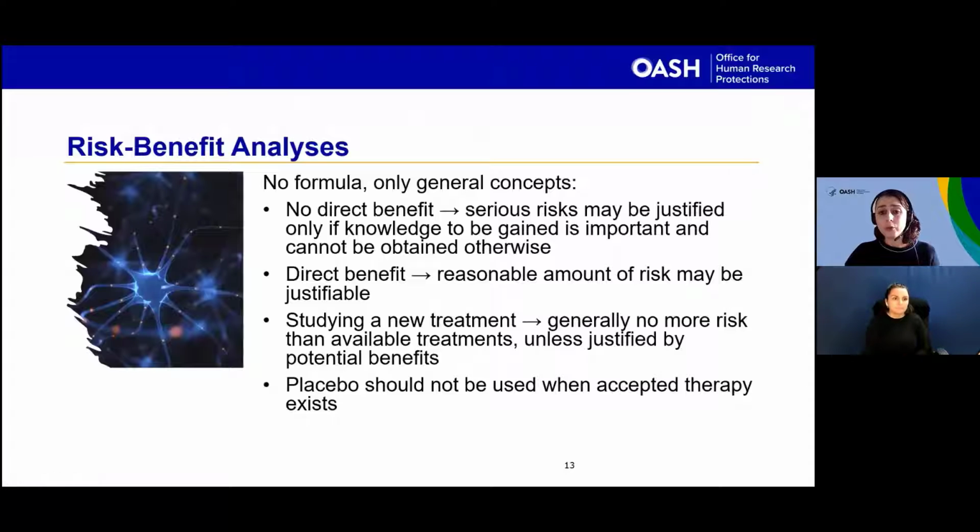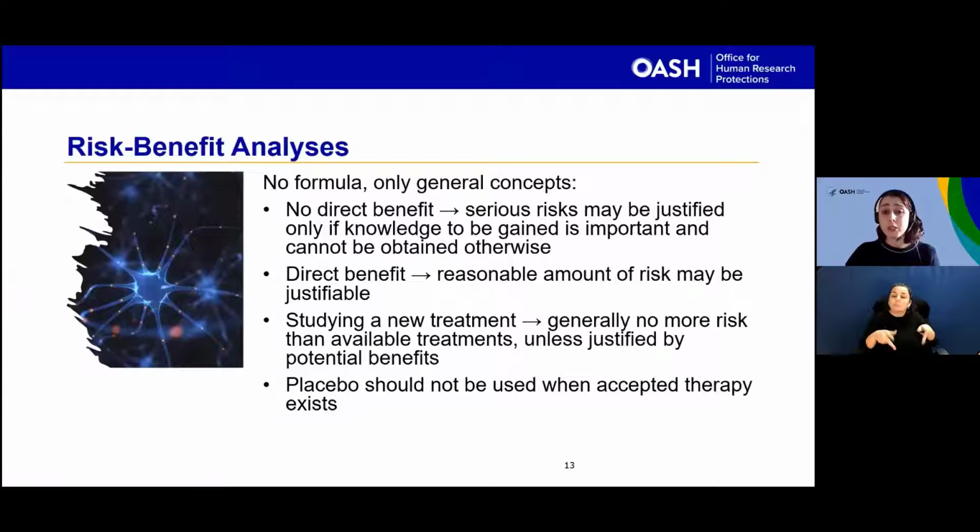Of course, there's not going to be a formula for conducting a risk-benefit analysis. However, there are general concepts that we can employ. So if there is no direct benefit, then serious risks may be justified only if the knowledge to be gained is important and cannot otherwise be obtained. If there is a direct benefit, then a reasonable amount of risk may be justifiable.